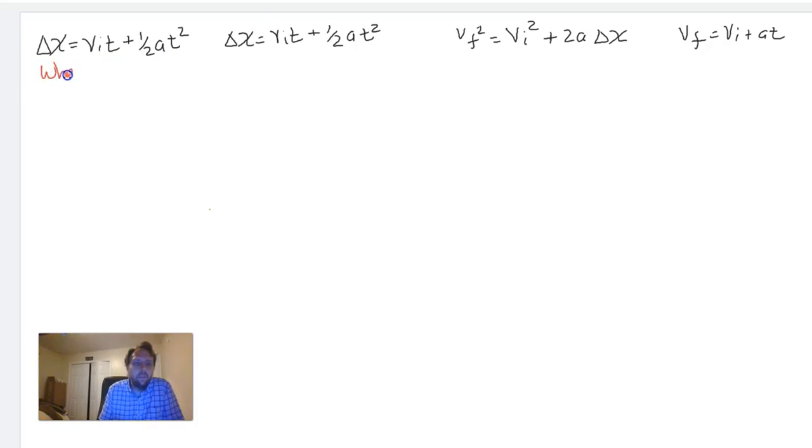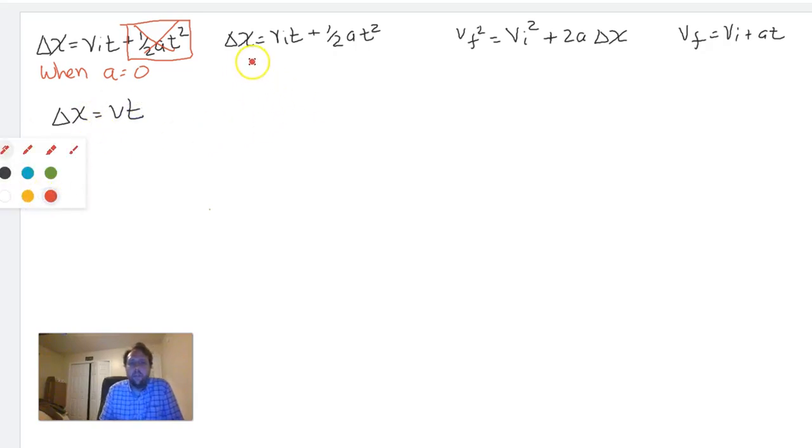Because when the acceleration equals 0, this part of the equation is no more, and you end up with delta x equals vt. And I've explained that before. What I haven't explained is this one, which occurs when your initial velocity equals 0.